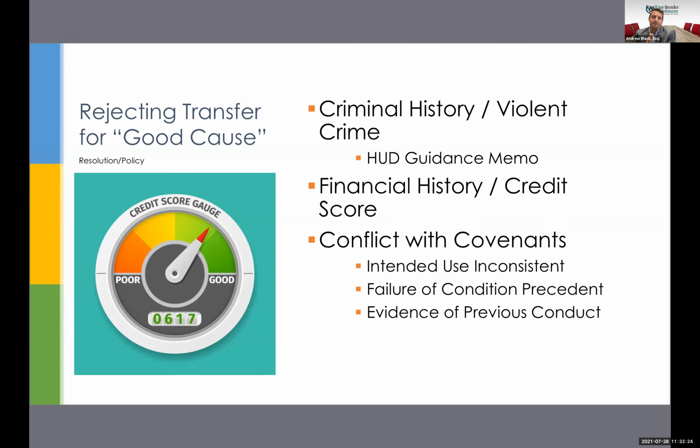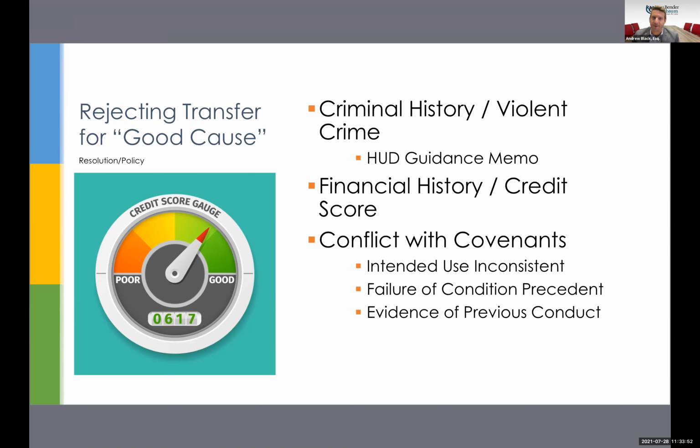And I say that because I've seen fact patterns, and again, these all have to be evaluated in a case-by-case way. I've seen fact patterns where a board, let's say they had a 700 minimum credit score. Someone wants to buy, it's an all-cash deal. There's no bank involved. Their employment history is wonderful. Their prior history where they lived is great.